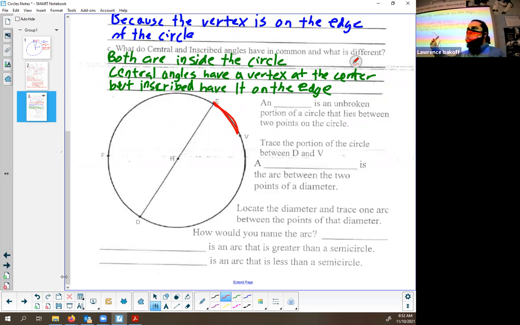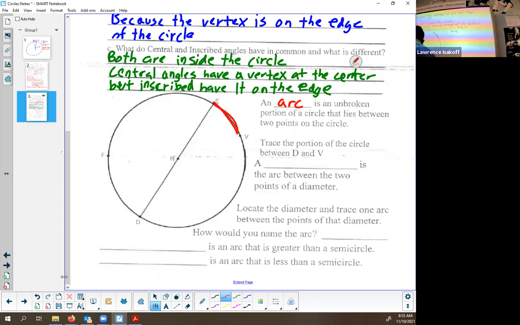Let's start with an A. It is called an arc. So an arc is just that fraction of a circle.